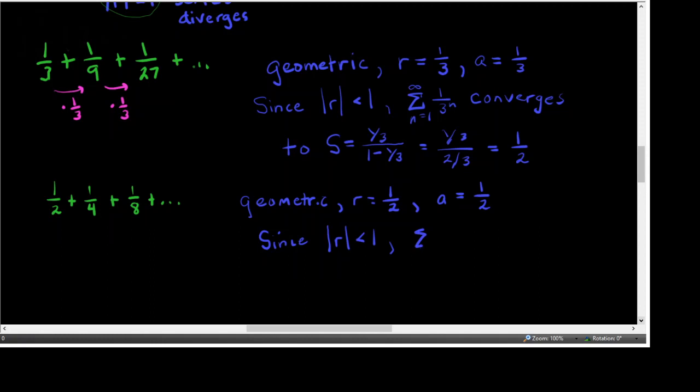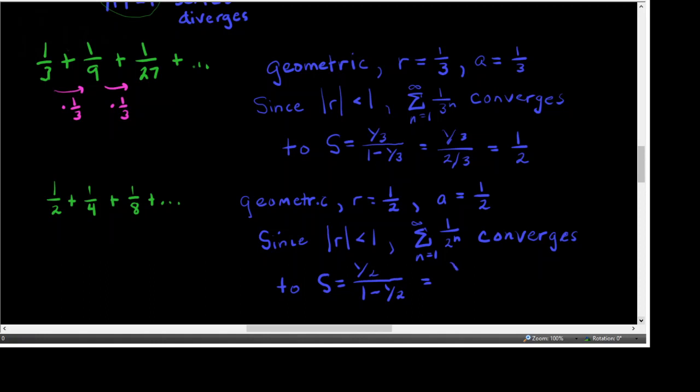So that means that the series n equals 1 to infinity of 1 over 2 to the nth converges. And it converges to the sum S, which is the first term 1/2, divided by 1 minus R, where R is 1/2.